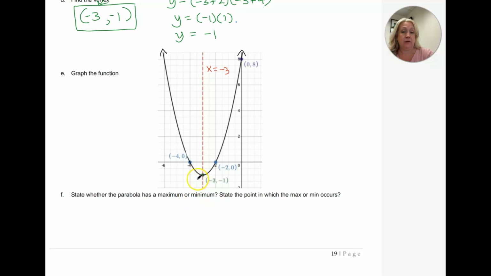It keeps going and going. But there is a minimum. On a right side up parabola, that minimum is always going to be at the vertex. So we can say that this has a minimum, and the lowest point of the graph is negative 3, negative 1.